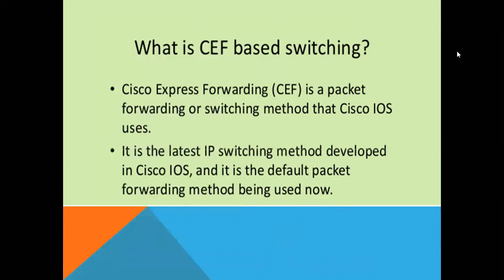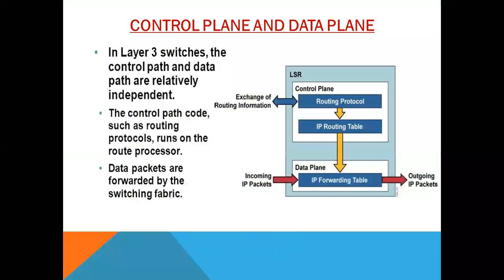As we discussed about control plane and data plane, these are the two planes that are responsible for the packet forwarding processes, but these two are relatively independent. So let's discuss a little bit more about these two planes.